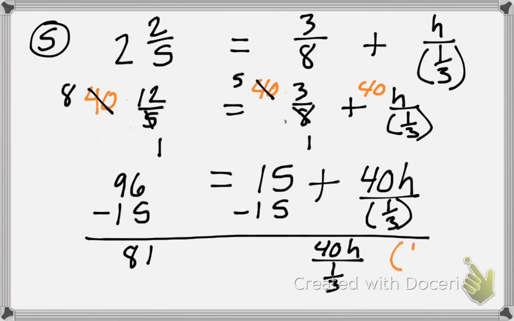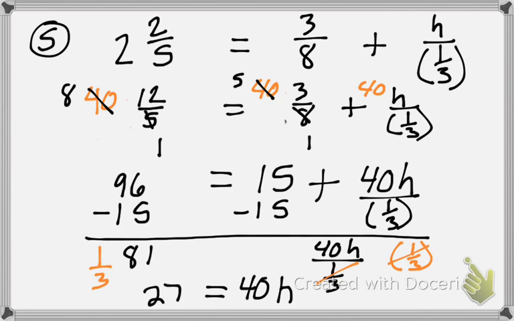So if I multiply by 1/3 here, that is going to cancel out and just leave me with the 40h. I multiply this side by 1/3. I've got to multiply that side by 1/3, which is really the same thing as doing 81 divided by 3. Well, 81 divided by 3 is 27. So now I've got 27 is equal to 40h.